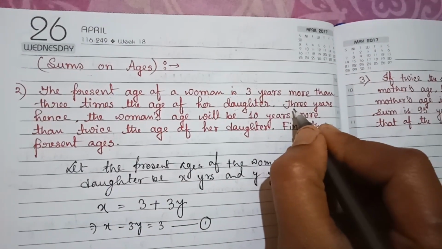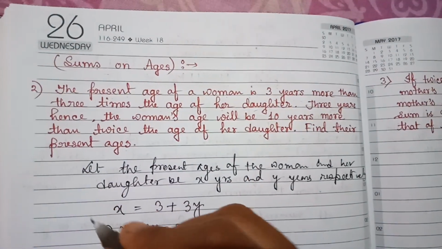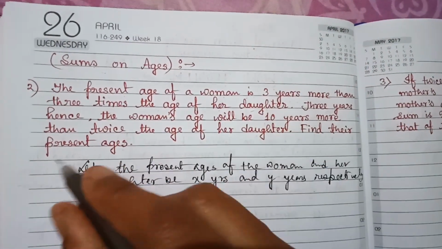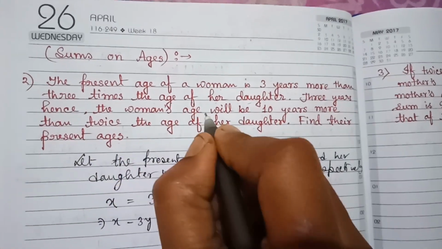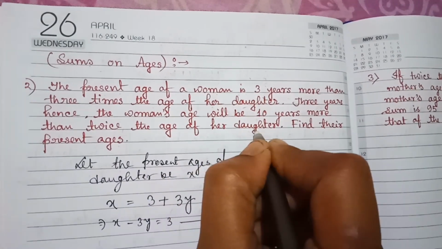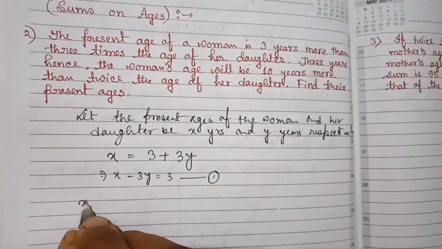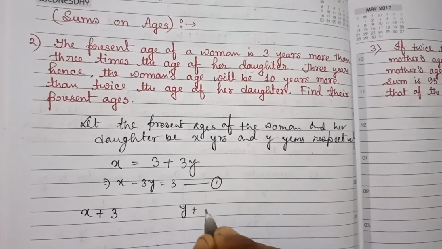Coming to the second condition given, 3 years hence. 3 years hence means after 3 years from present age. So 3 years hence the woman's age will be 10 years more than twice the age of her daughter. That means x plus 3 and y plus 3.